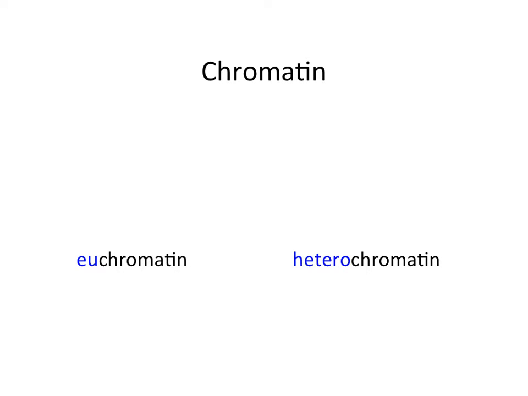These are additional vocabulary items you've seen in the reading. Euchromatin versus heterochromatin. So remember, chromatin we're talking about is that combination of DNA plus protein. Euchromatin is sort of colloquially termed a more open DNA structure.